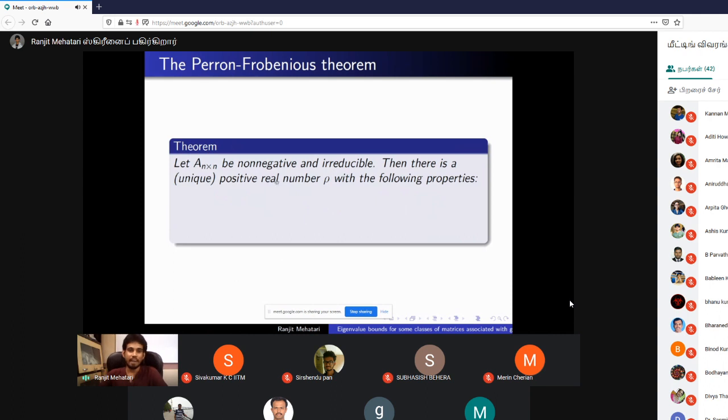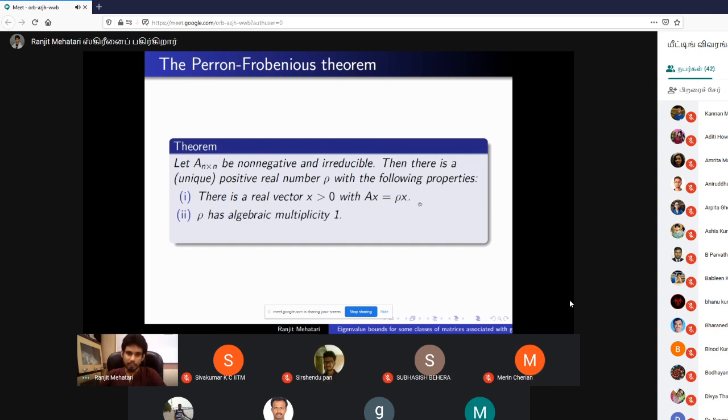Suppose we have an n by n irreducible matrix which is non-negative, meaning all the entries of the matrix are non-negative. Then the Perron-Frobenius theorem states that the matrix A always has a positive eigenvalue rho with a positive eigenvector, that is, a vector with all entries positive.